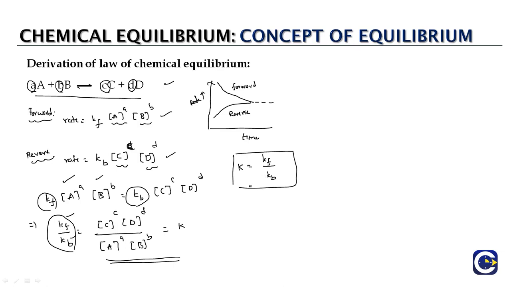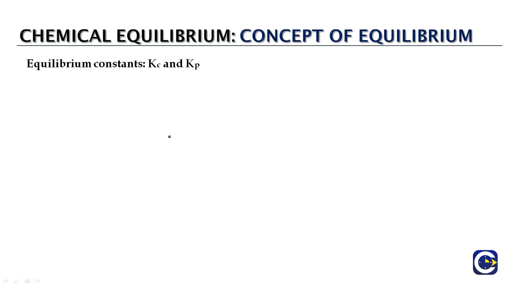Now when we take the active mass to be representing the concentration, the corresponding equilibrium constant we denote as Kc, and this is what we call the equilibrium constant expressed in terms of the concentrations.